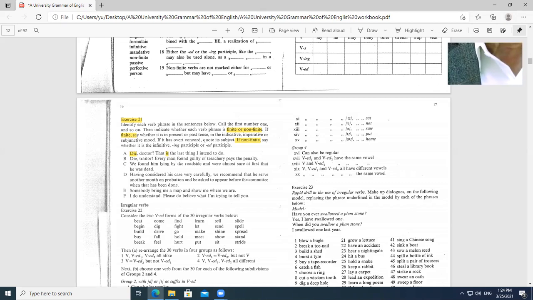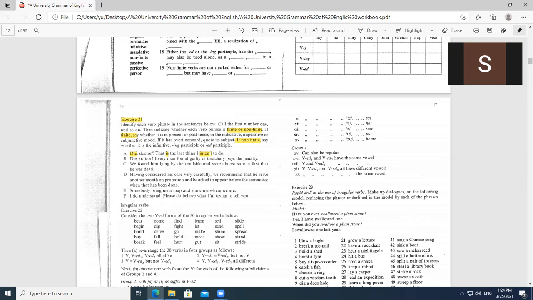Then the third verb: intend. I intend. Is it finite or non-finite? Finite, it has tense. Present. Indicative, imperative or subjunctive mood?